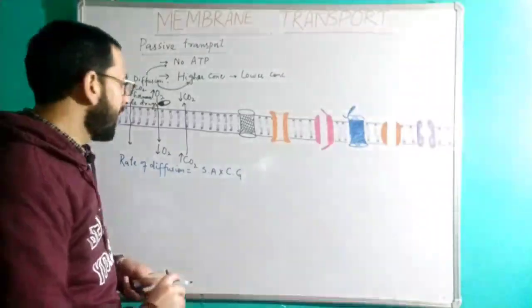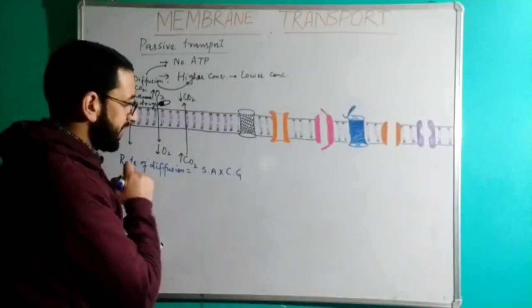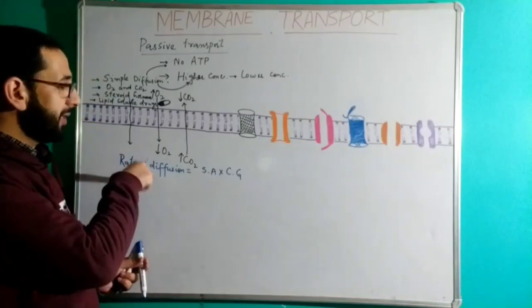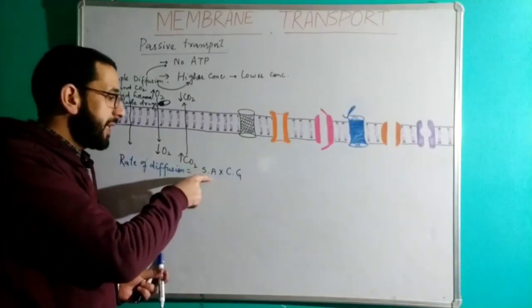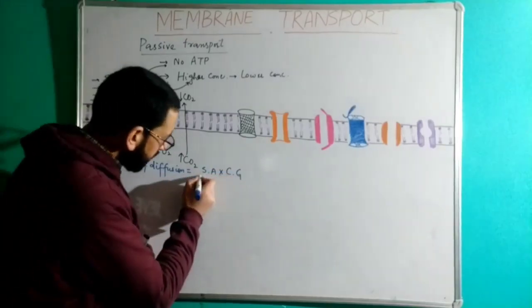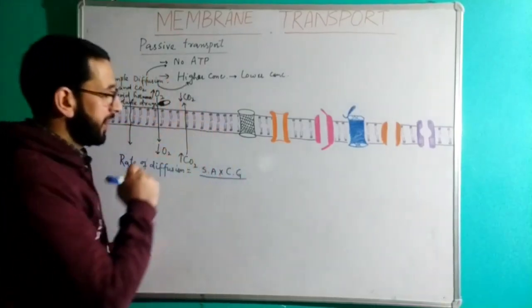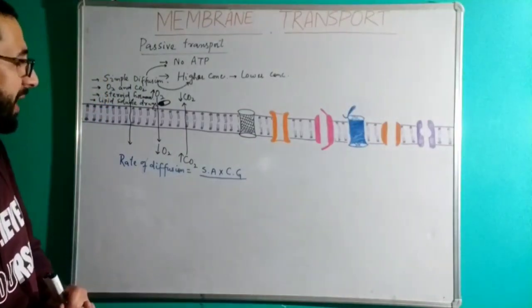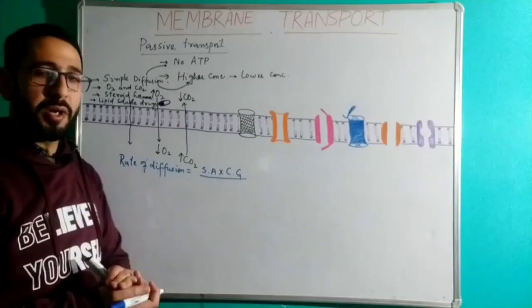Very simple. So rate of diffusion is equal to surface area into concentration gradient, and it is inversely proportional to certain things.